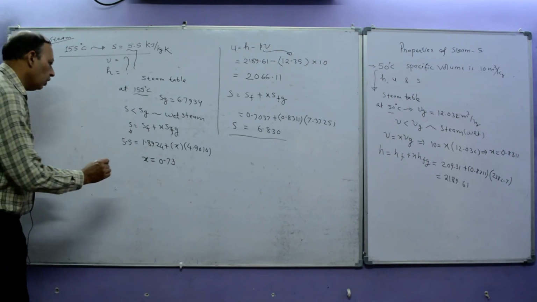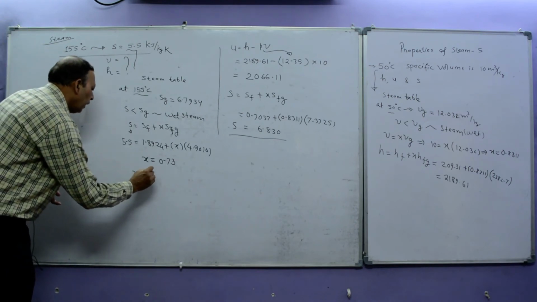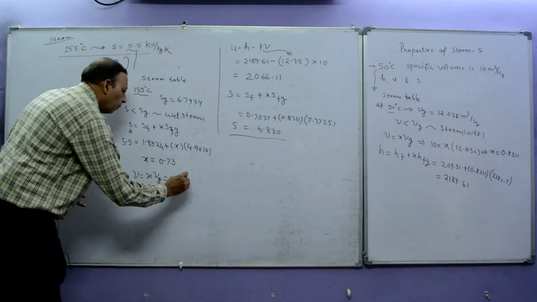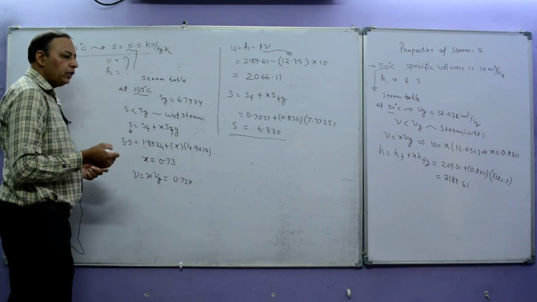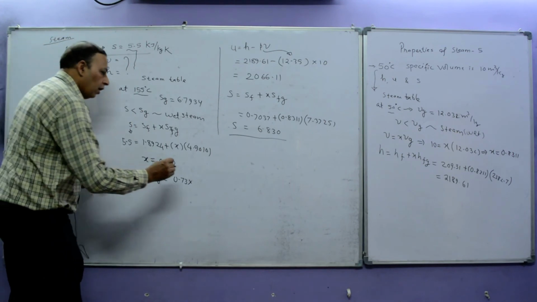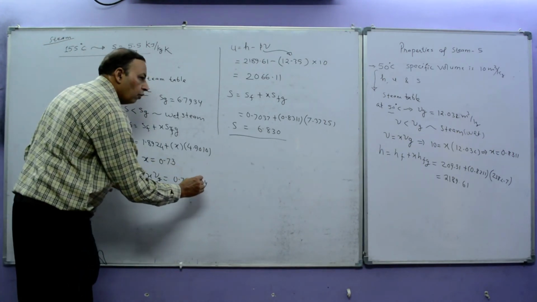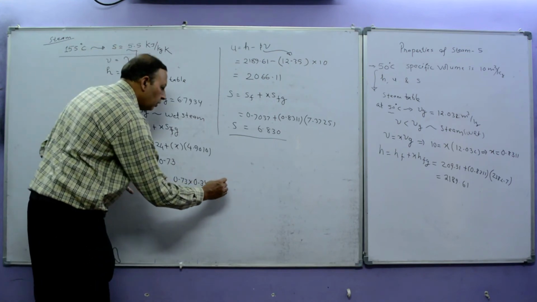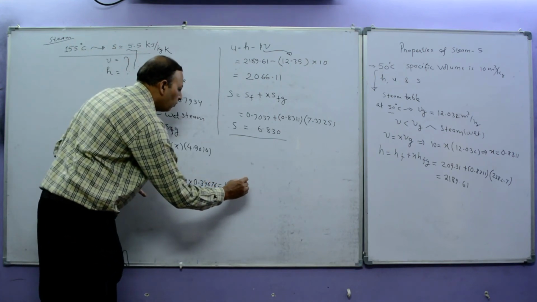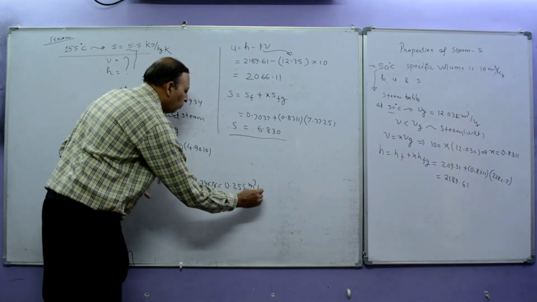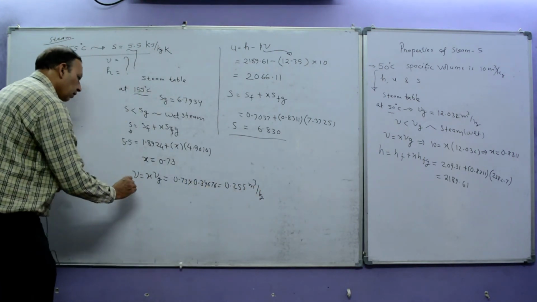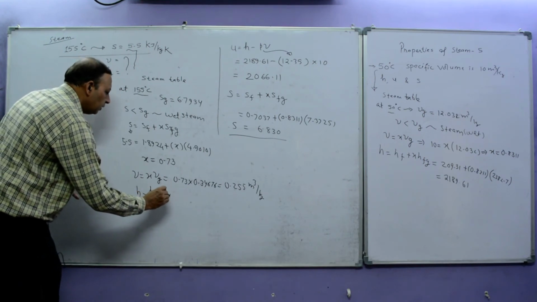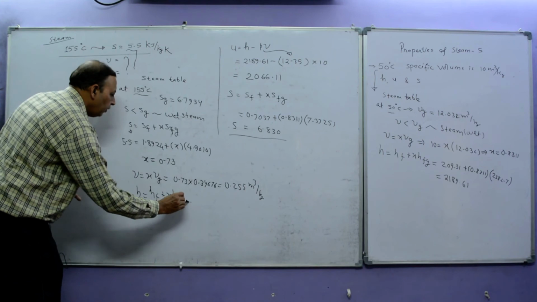Once x is calculated, we have to calculate V and H. We have the formula V equal to x Vg. x is 0.73 and value of Vg from steam table is 0.34676. So this value is 0.255 cubic meter per kg, and value of H is equal to HF plus x HFG.